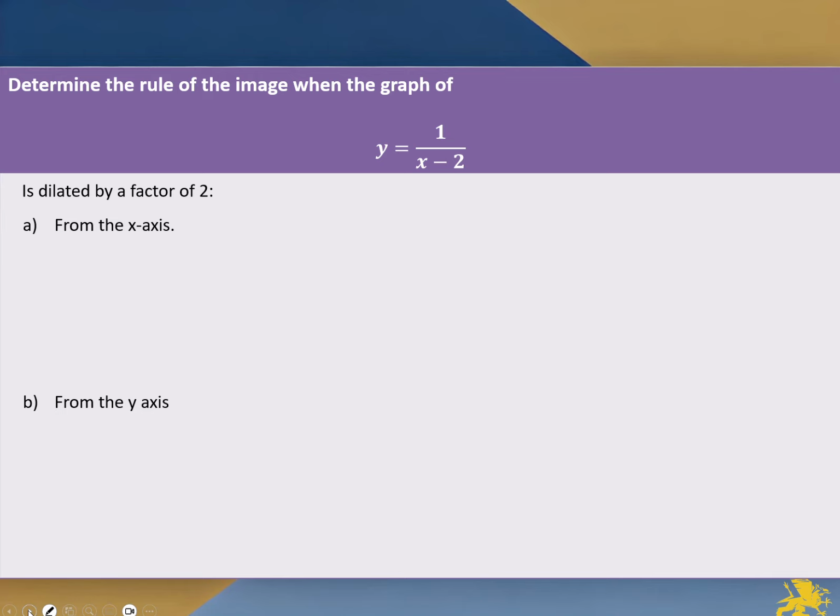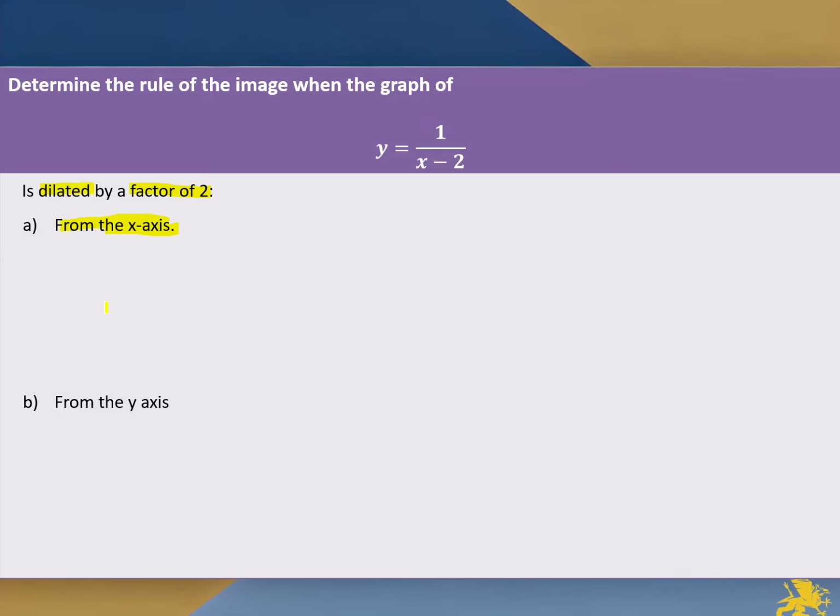So let's look at this next slide. I'm going to do this both visually, and I'm also going to do this just with the equation and understanding it. What we said before, when we've got this rule, y equals 1 over x minus 2, it's saying it is dilated by a factor of 2. And we're talking about the x-axis here.